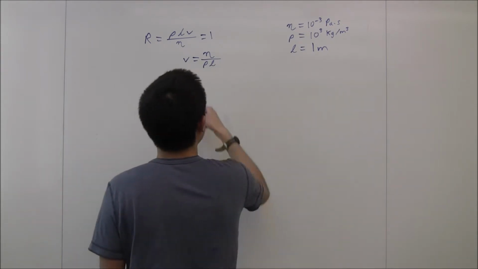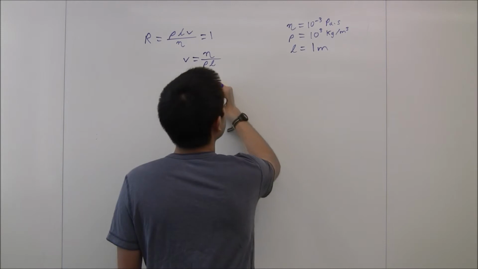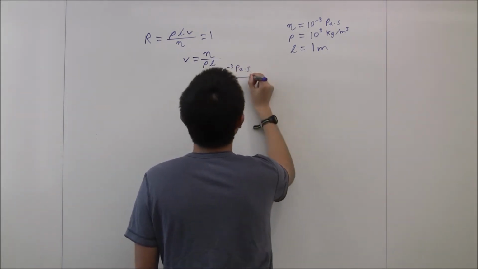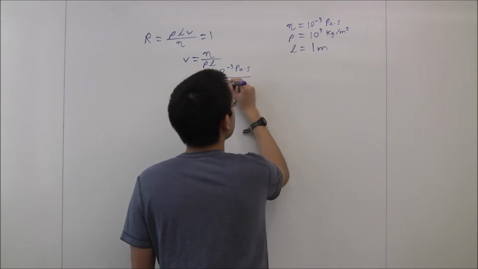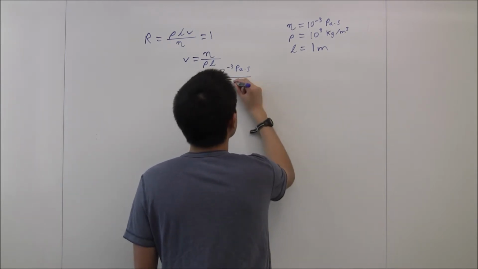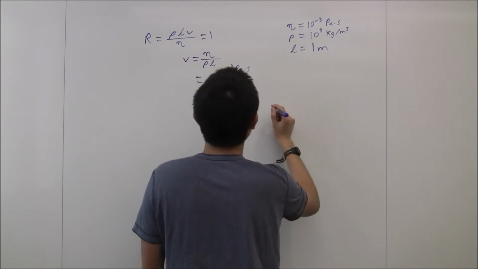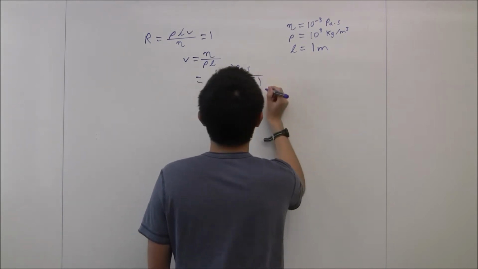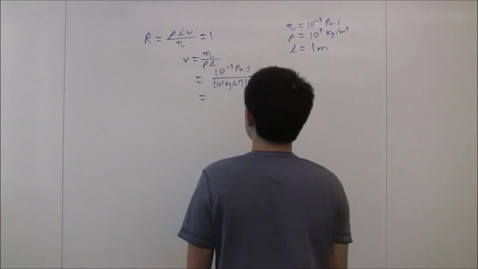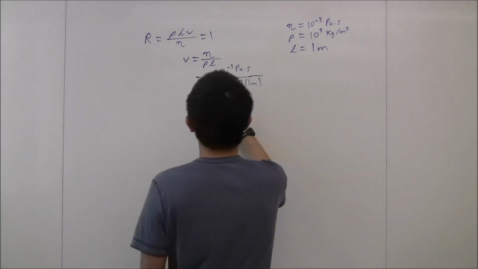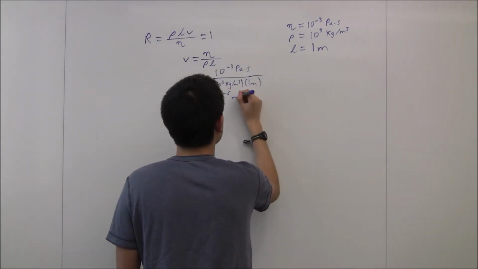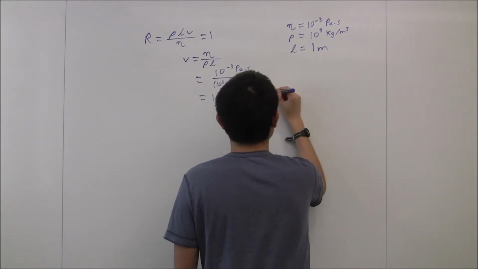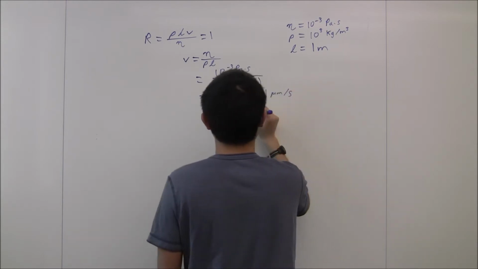So this means that our speed is going to be equal to 10 to the negative 3 pascals times seconds over 10 to the 3 kilograms per meter cubed times 1 meter, which is going to leave us with a final answer of 10 to the negative 6 meters per second, which is just 1 micrometer per second.